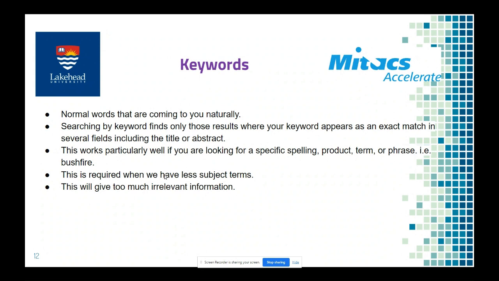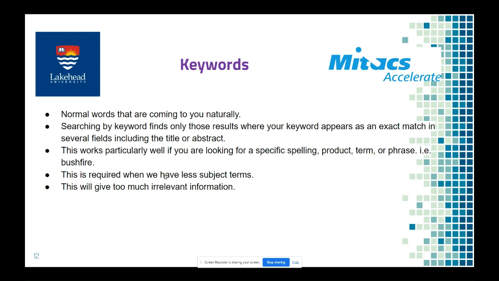Now we come to keywords that are not PubMed keywords. Sometimes it is very important, when we have so much information and want to filter it, to use this keyword, and we also make sure it will not give too much irrelevant information.